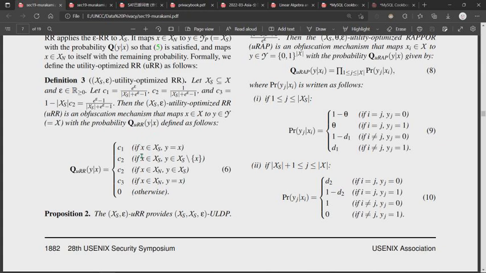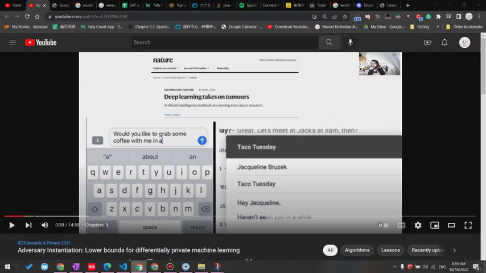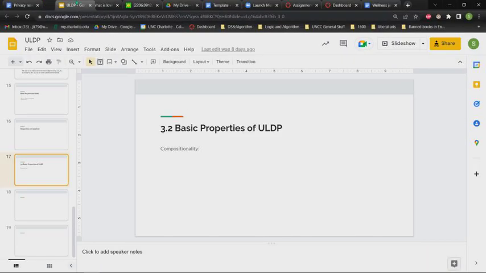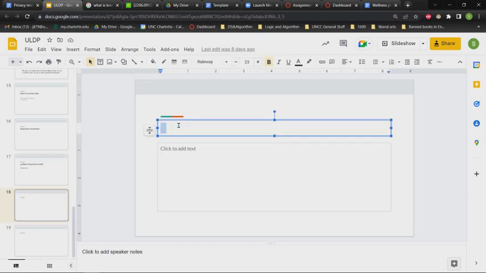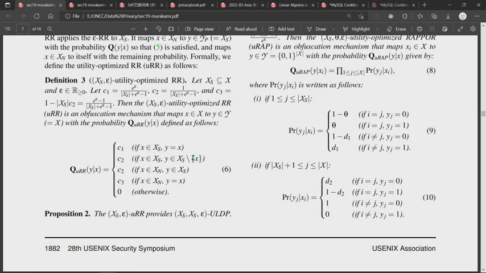So if X, so these are not important, I think. Definition 3. Let's go to definition 3. So if you look at definition 3 here, what is C1?